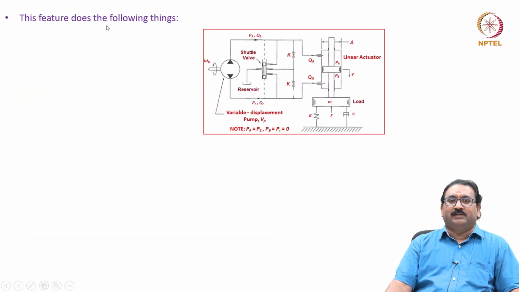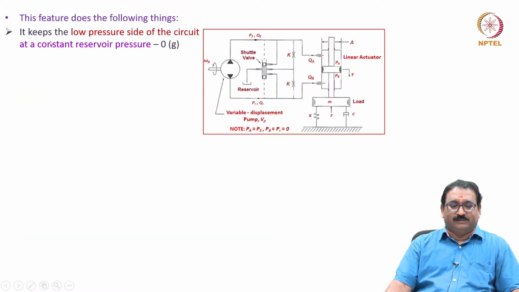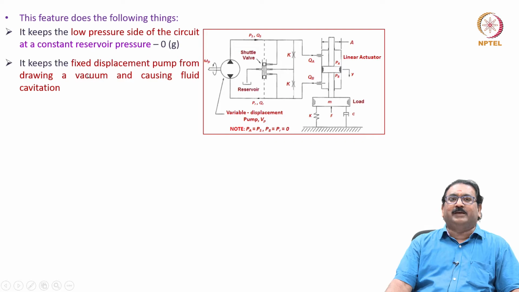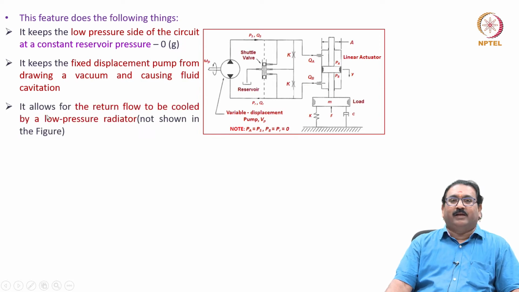This feature does the following things. It keeps the low pressure side of the circuit at a constant reservoir pressure, 0 gauge pressure. It keeps the fixed displacement pump from drawing a vacuum and causing fluid cavitation. It allows for the return flow to be cooled by the low pressure radiator, which I have not shown here.